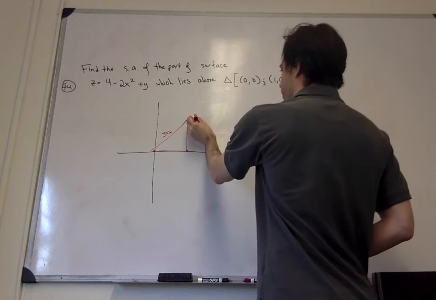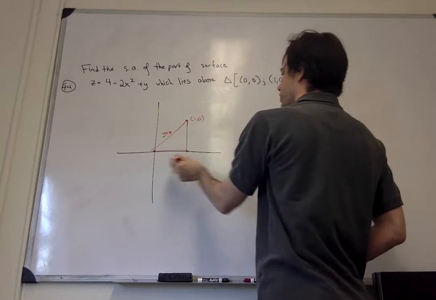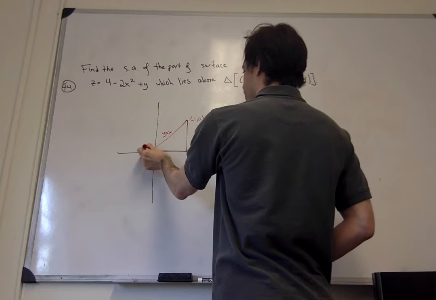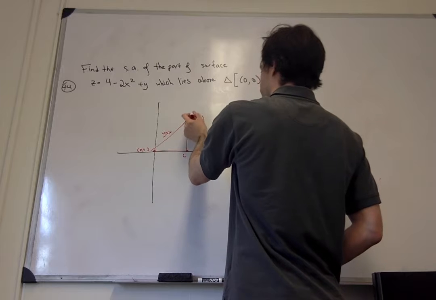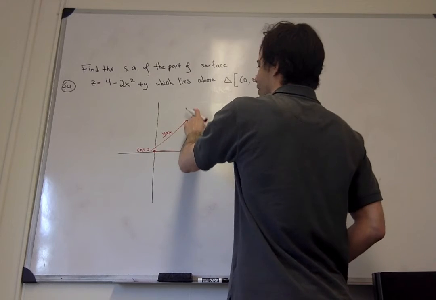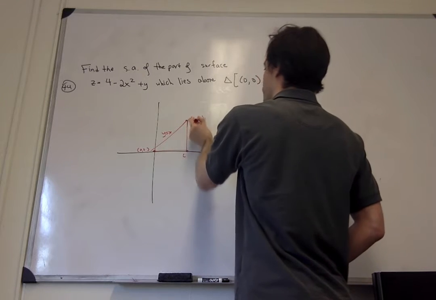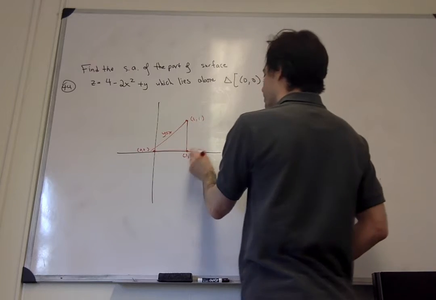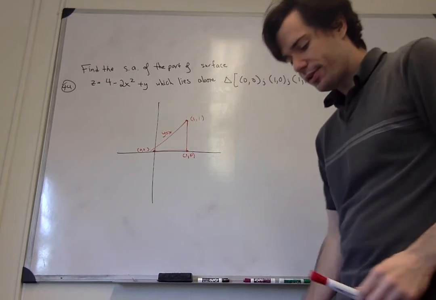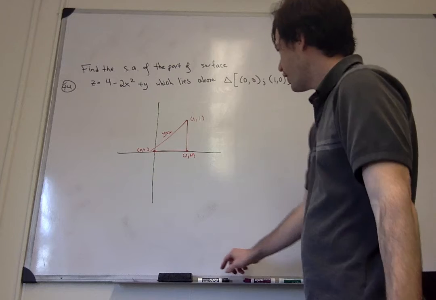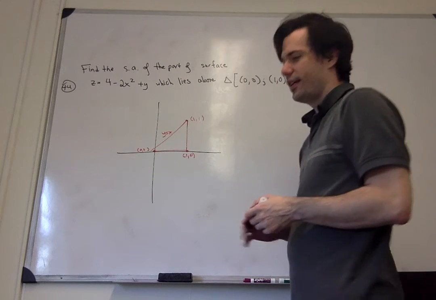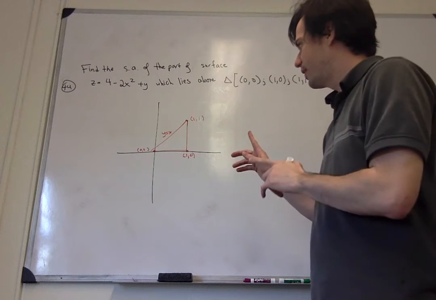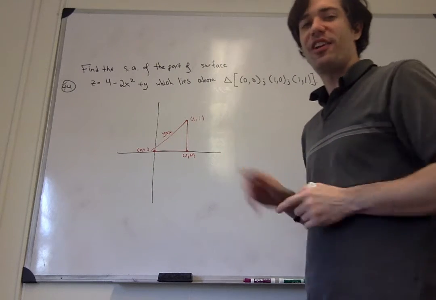And these are the points (0, 0), (1, 1), and (1, 0). If I keep this in mind, this is what I'll need for my domain.